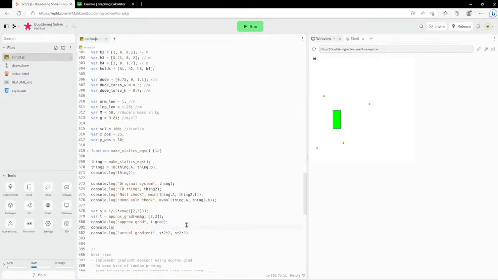And then console.log next guess t.next and console.log original value, or I guess I'll say original f at x, which is going to be vmag of 2, 3, descended f at x, or maybe I'll just do, well, whatever, that's fine.